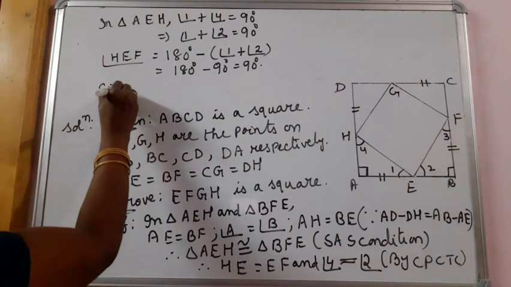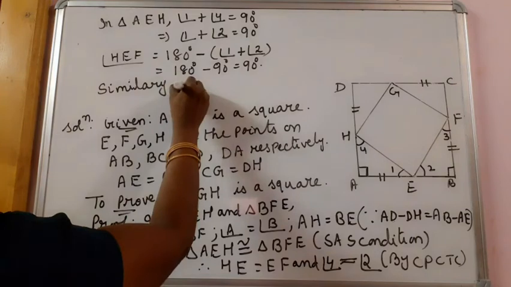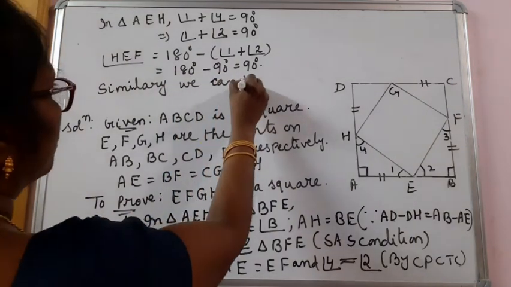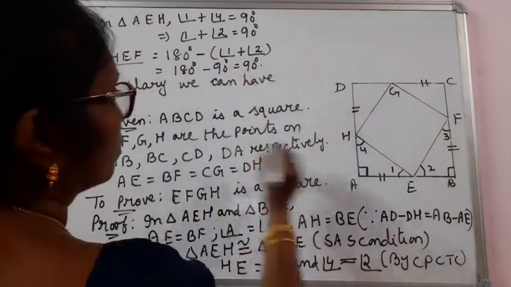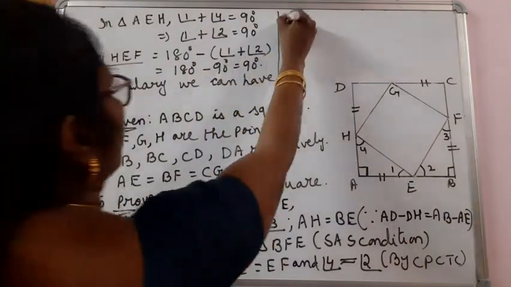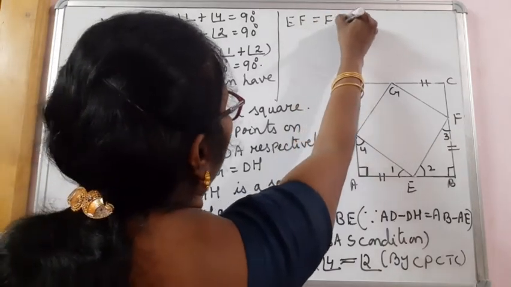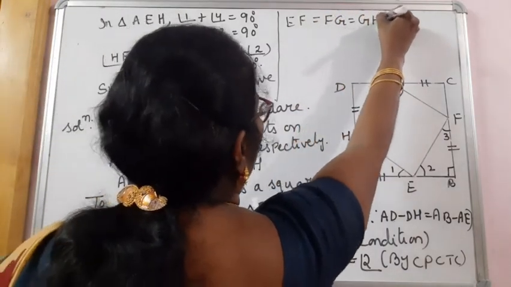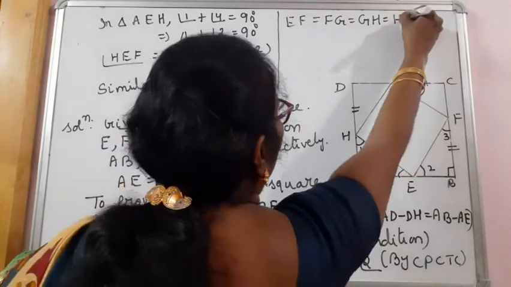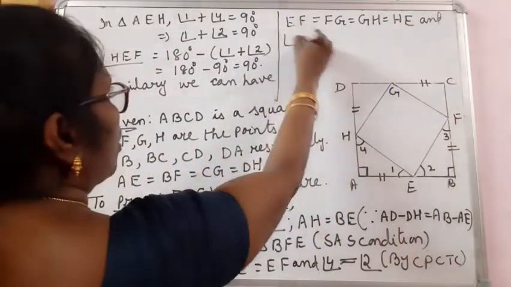I am writing here: EF is equal to FG, is equal to GH, is equal to HE, and angle HEF is 90 degrees we got.